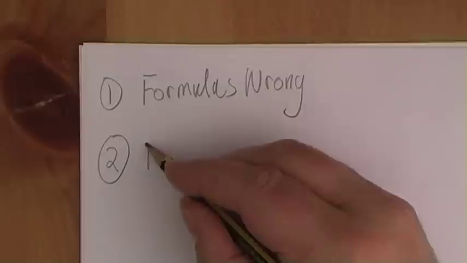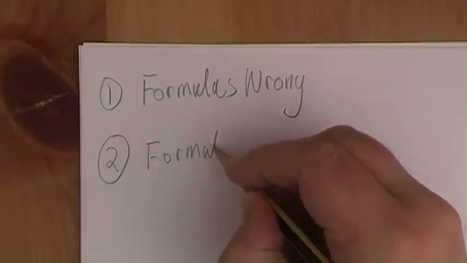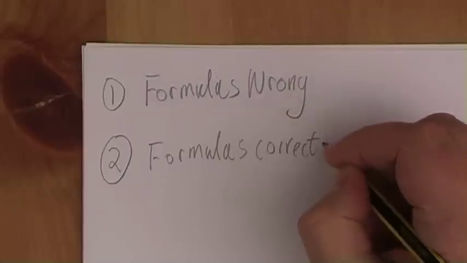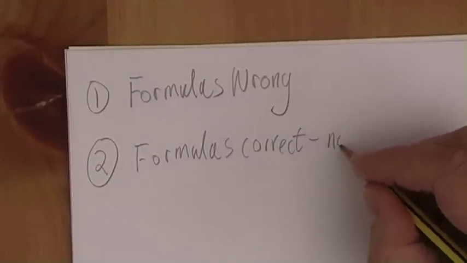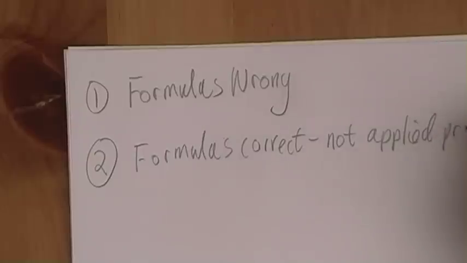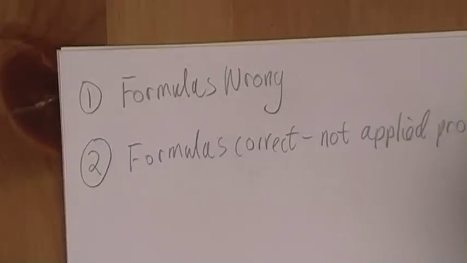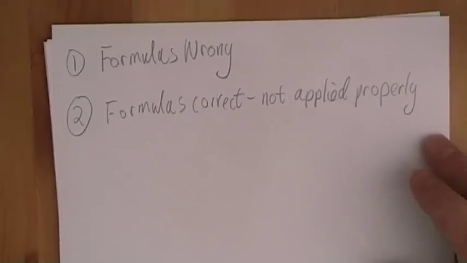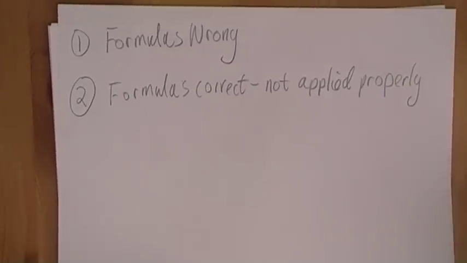Two: formulas correct, not applied properly in some weird way. Somehow I've done it wrong, or somehow the mathematics, although it's right, if you apply it to our situation, the maths goes haywire and gives all kinds of weird results.